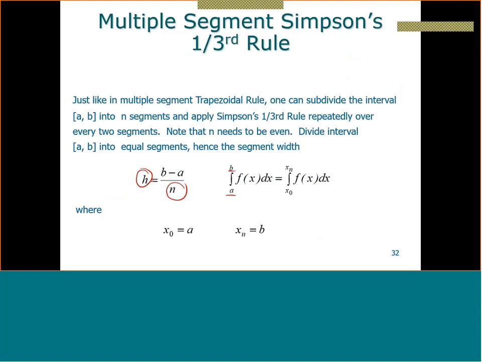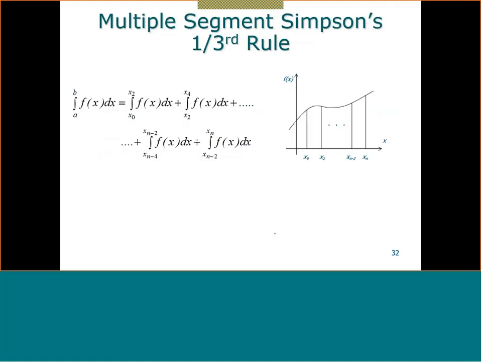But we could have 4, we could have 8, we could have as many segments as we want, and here n needs to be an even number. We divide this into equal segments, and x0 is the start and xn is your B.